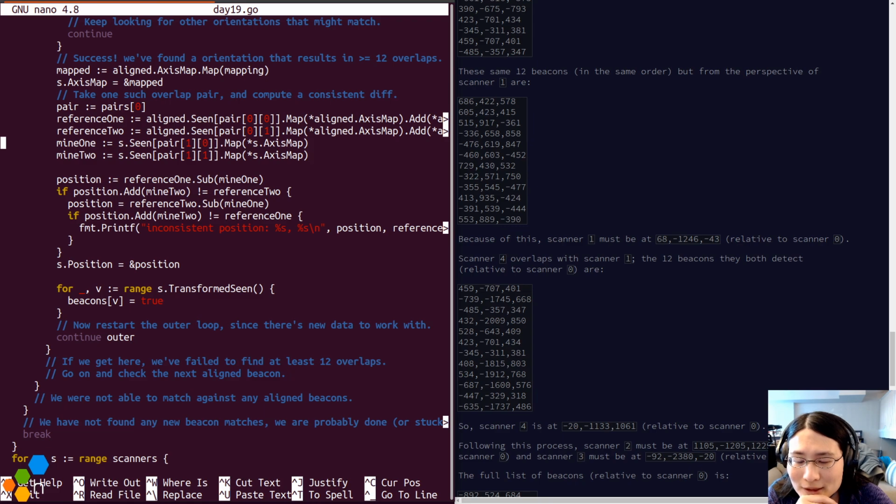The problem is that my position calculation is incorrect. And that's probably because scanner 1 is rotated, and so is scanner 4. So we have the diffs.